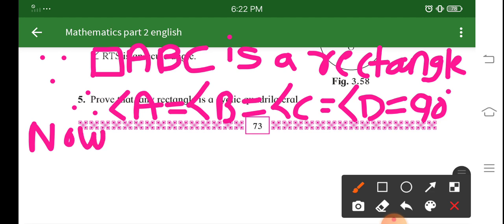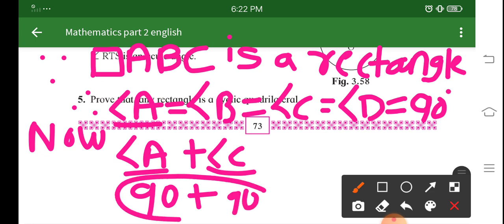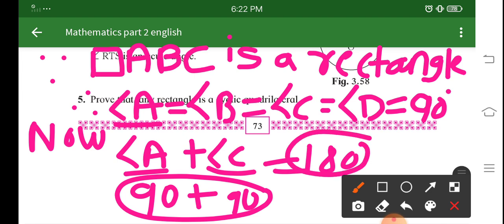Now if you take angle A plus angle C, what is the value of this angle? It is 90, and this C is also 90, so 90 plus 90 you will get 180. Similarly, angle B plus angle D is also 180.